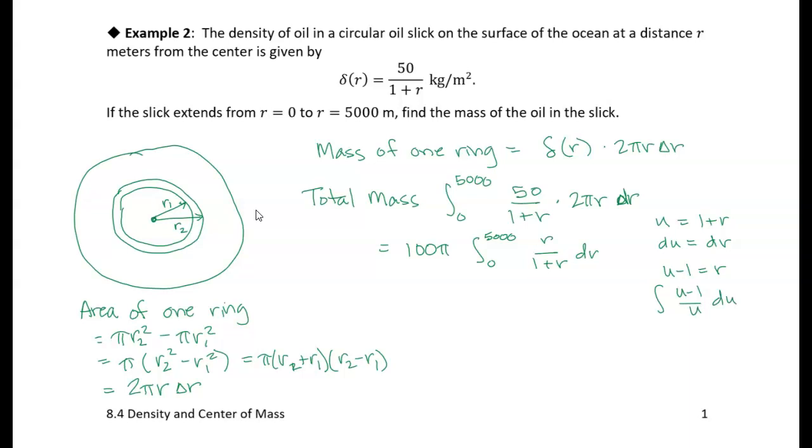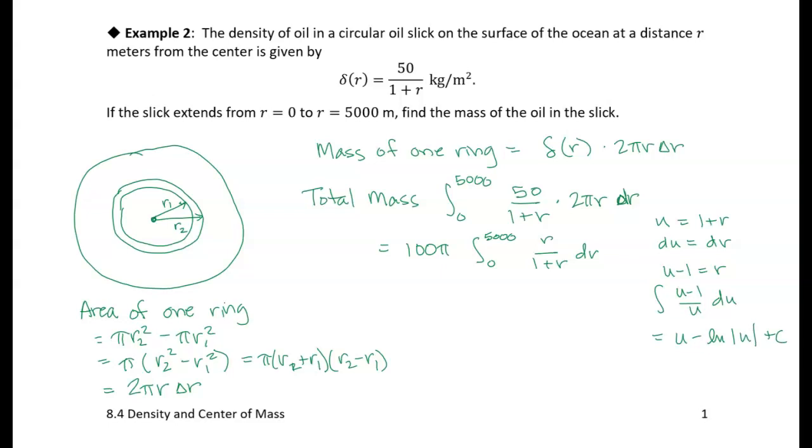Okay, and u divided by u is just 1, right? So the integral of 1 is u, and then I'll have minus the integral of 1 over u, which is the natural log of the absolute value of u, and then plus c. So that's just the indefinite integral.